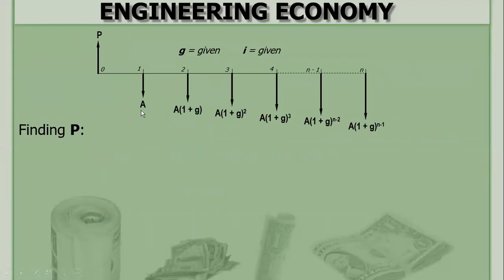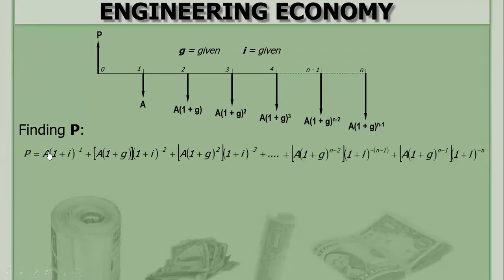So for this one, it's A times 1 plus I raised to negative 1, plus A times 1 plus G times 1 plus I raised to negative 2, and then this one times 1 plus I raised to negative 3. So all payments are considered as F and then converted to P. I-add mo tanan, this is the equation.